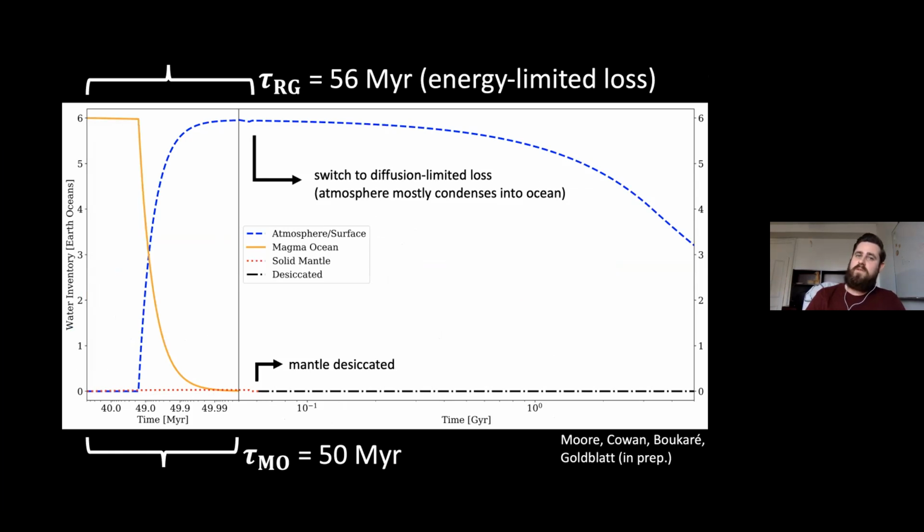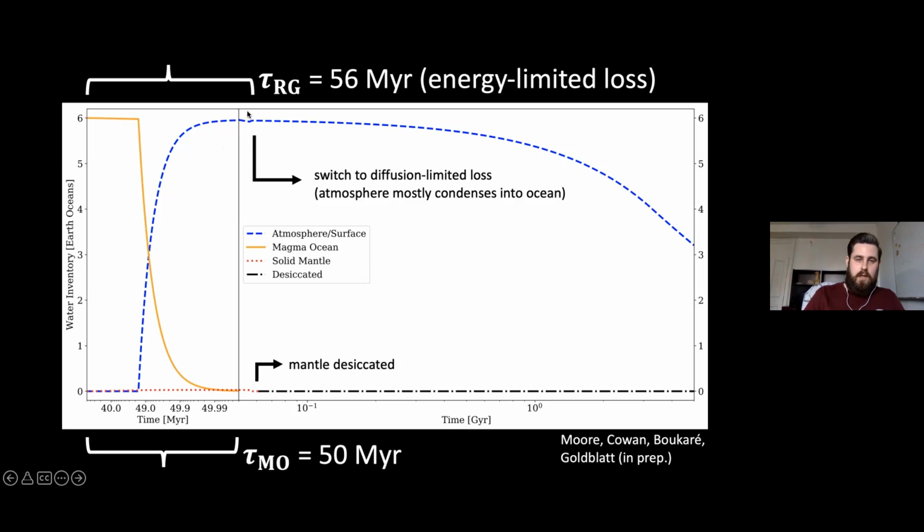I mentioned previously that water is very, very soluble in the magma ocean. So it actually takes quite a long time for the layer to be thin enough that it's supersaturated and actually able to degas water into the atmosphere. When that occurs, it very rapidly degasses all of the water that hasn't been sequestered away into the solid mantle, into the atmosphere by the time the magma ocean solidifies.